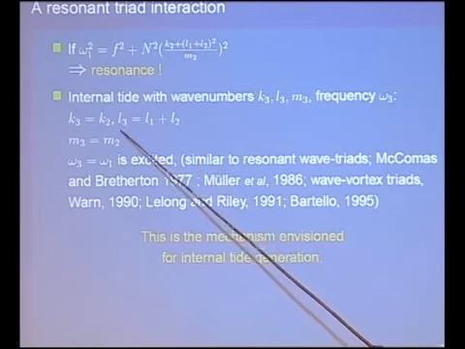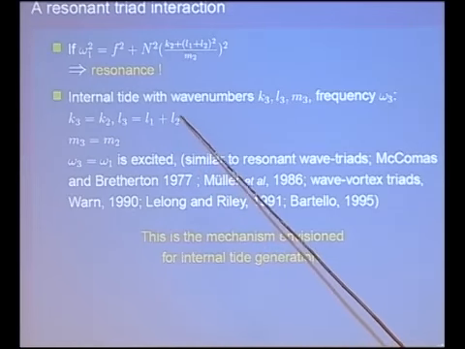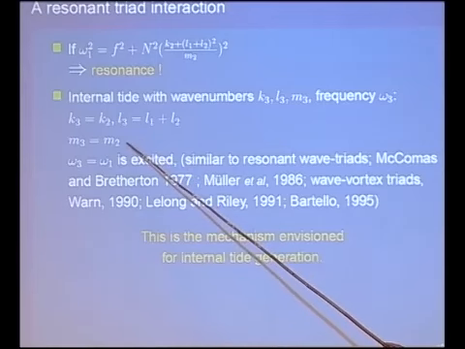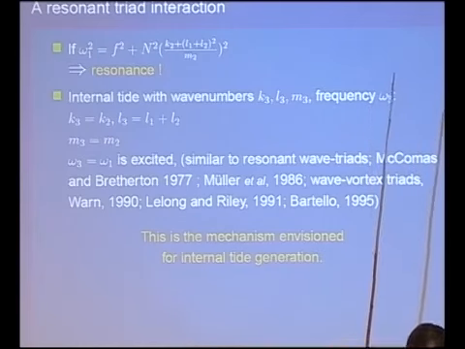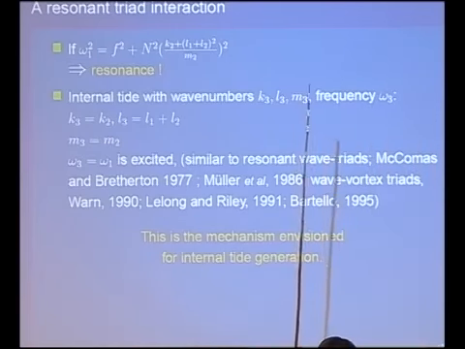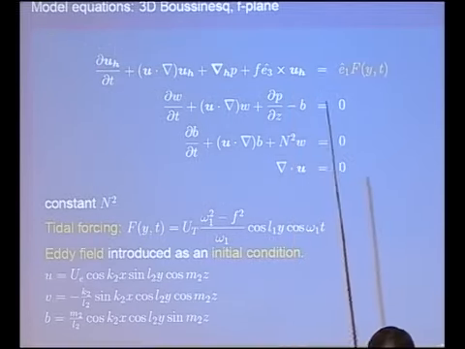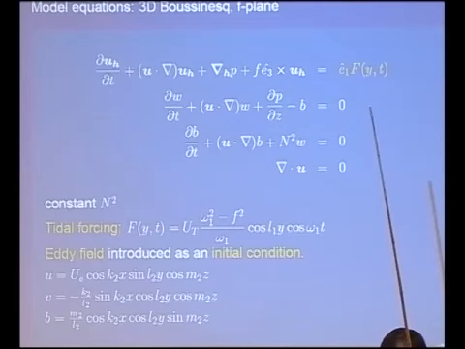And the waves that will be excited in this case will pick up the components of the eddy field in the horizontal and in the vertical. So this is very similar to a resonant wave triad interaction, first studied by McComas and Bretherton and by numerous other people. This is the mechanism envisioned for internal tide generation in our problem.